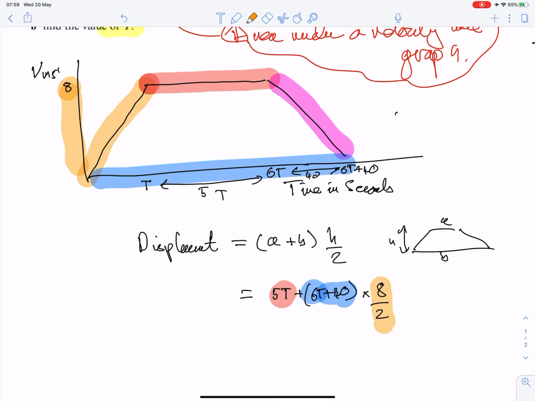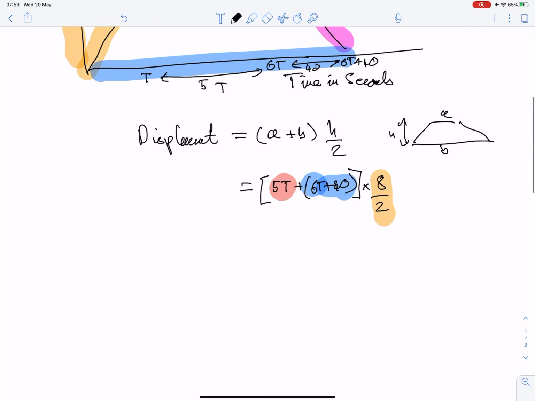Now there's a mistake in what I've actually written. One of those things that we do when we concentrate on other things, we need brackets around that whole a plus b expression. Now we can tidy it up, collect the like terms.